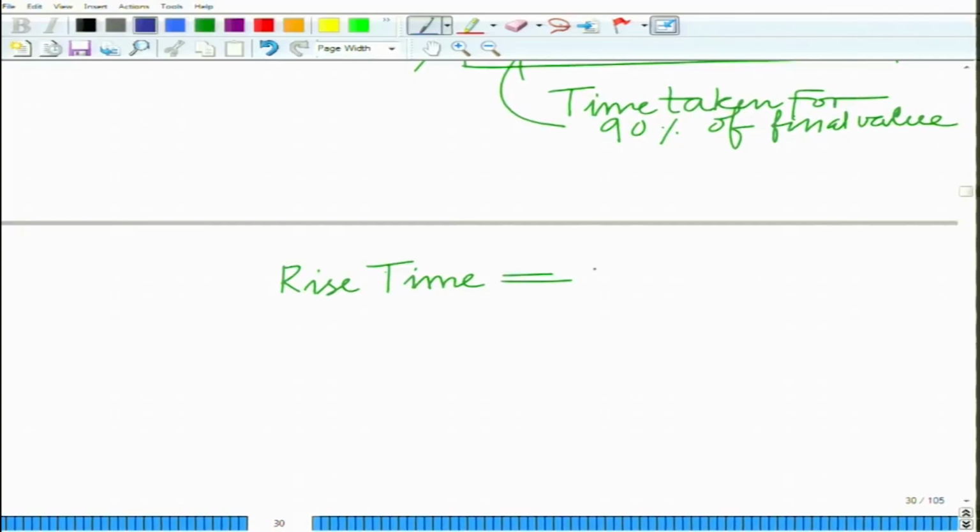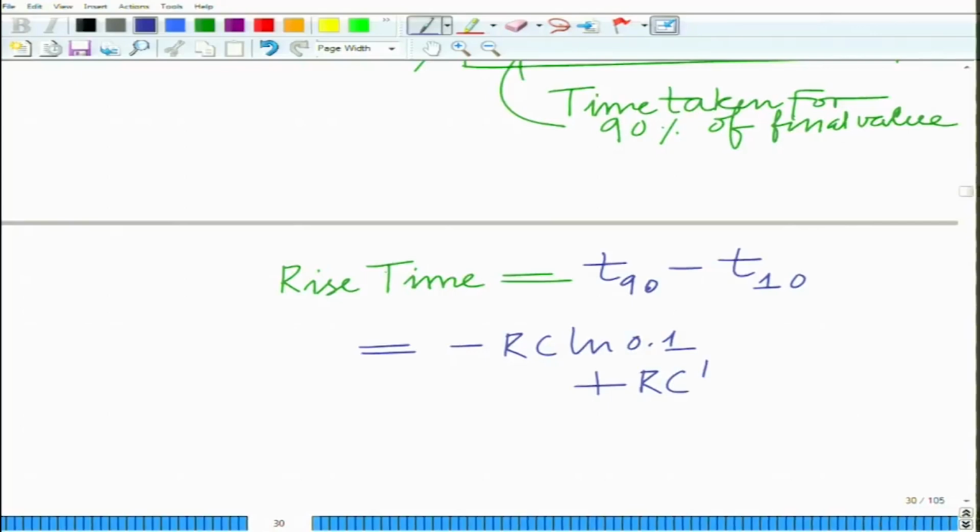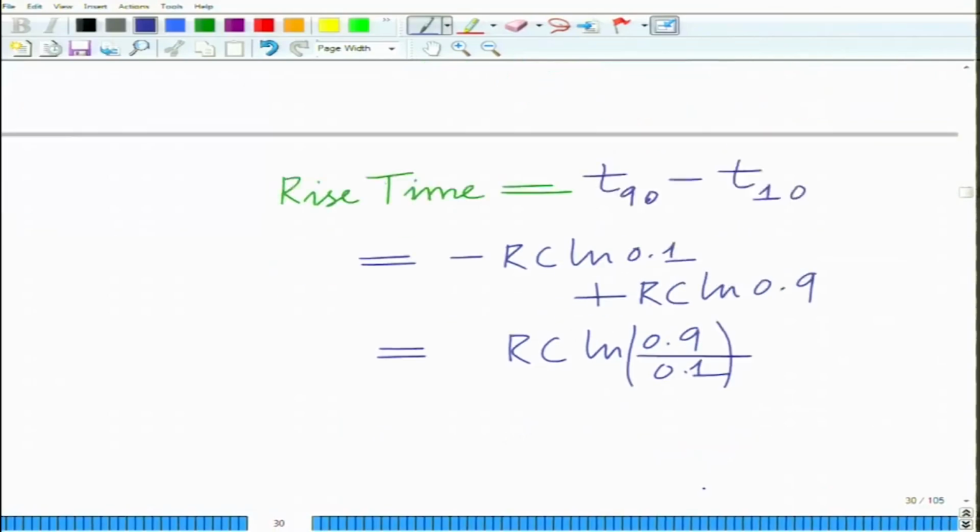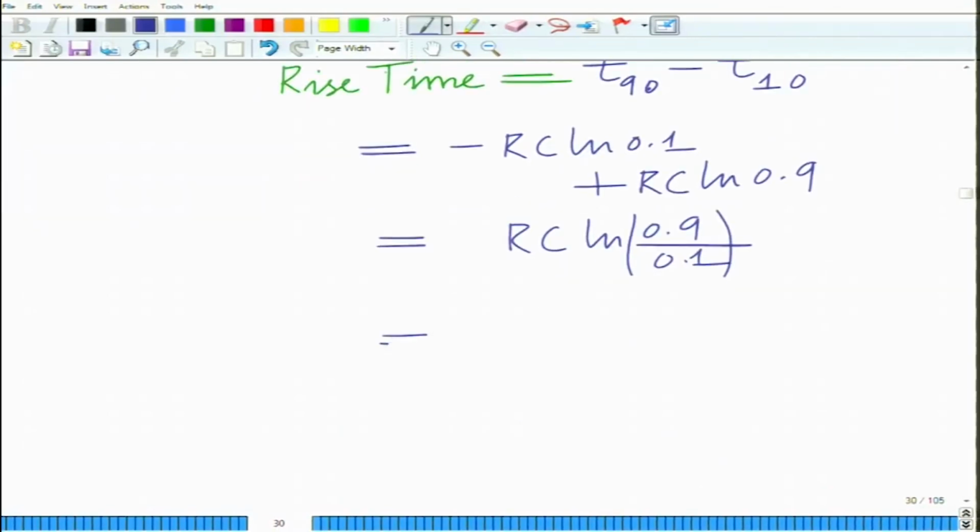So, that is T90 minus T10, which is minus RC log natural 0.1 plus RC log natural 0.9, which is basically RC log natural of 0.9 divided by 0.1. The log natural is the log to the base e.